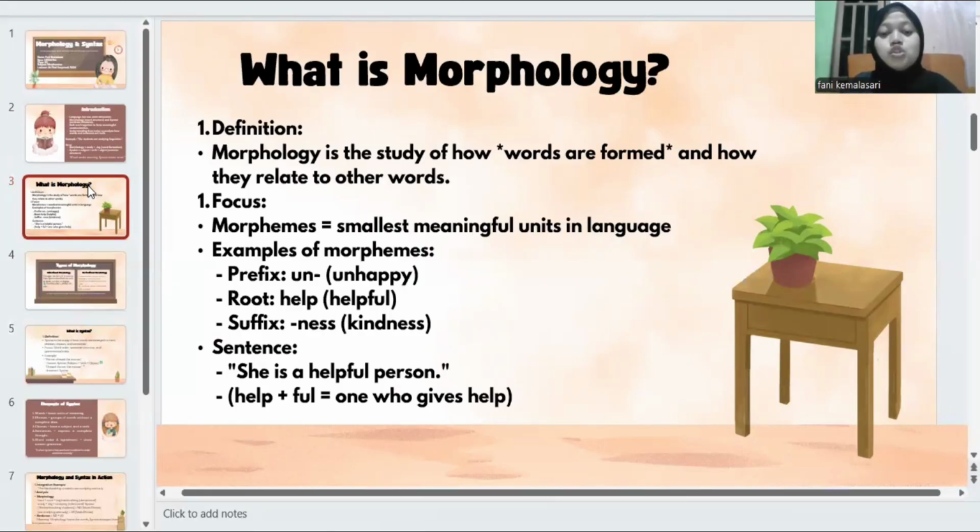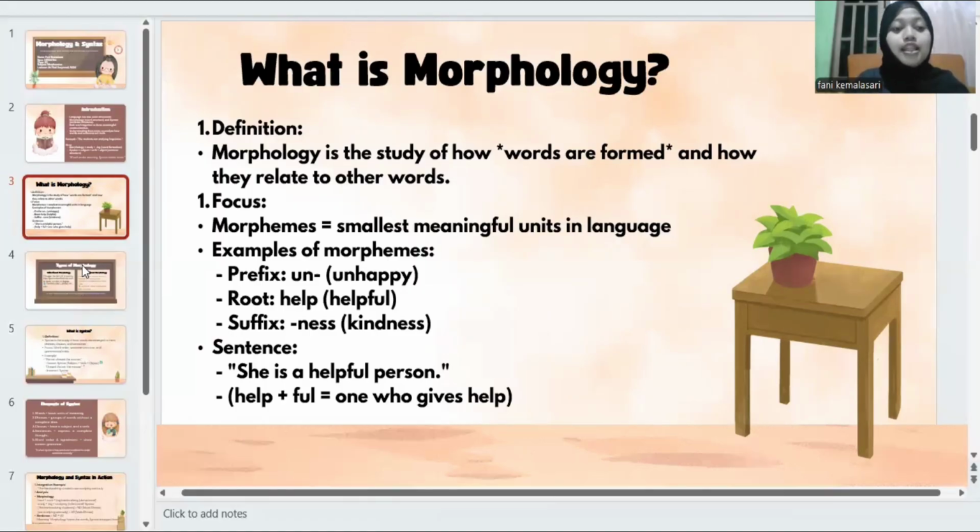Un plus happy to unhappy, help to helpful, and suffix ness to kindness. Okay, if we take the sentence, he is a helpful person, we can see that helpful comes from help plus full, meaning someone who gives help. See, a small part like full can change the whole meaning of a word.